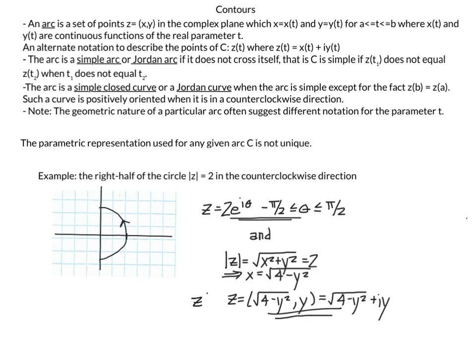Our y is our parameter, and then we get x in terms of y, which gives the square root of 4 minus y squared plus iy. Again, in this form we get the relation that x is the square root of 4 minus y squared from this term, which is exactly the relation of modulus z equals 2.